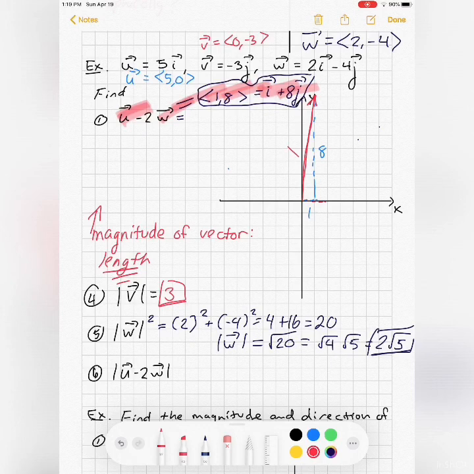So I'm looking for the magnitude of this vector, u minus twice w. So again, I'm going to just set up the Pythagorean theorem. So I'm using my 1 and my 8. What is that, 65? So then the magnitude of u minus 2w is root 65.